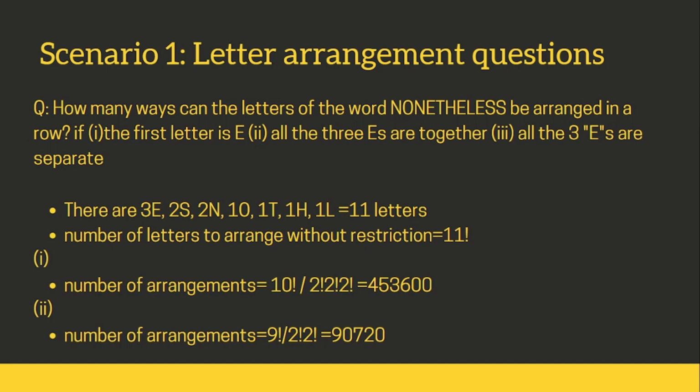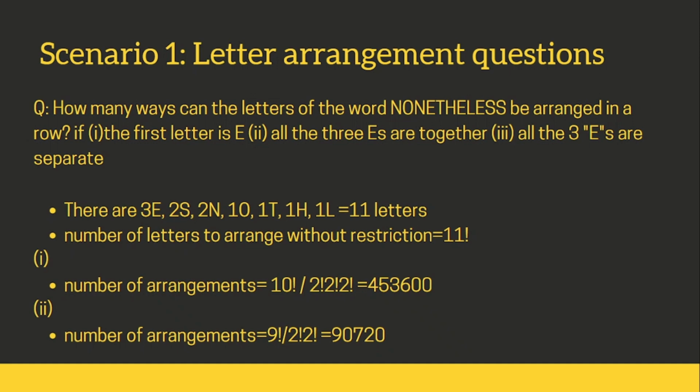So for part 1 first, we try and break down all the letters first. So there are 3 E's, 2 S, 2 N, 1 O, one T, one H, and one L, leading to an overall of 11 letters. So the number of arrangements without restriction is just 11 factorial. We can just leave it there first. So to find the number of arrangements if the first letter is an E, we fix the E first, and then we have 10 remaining letters.